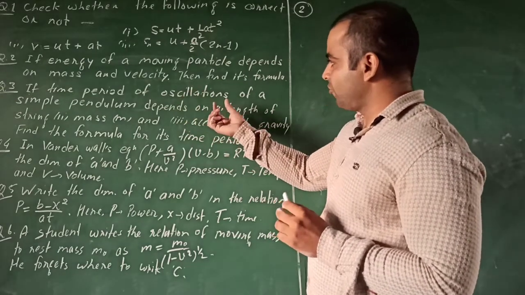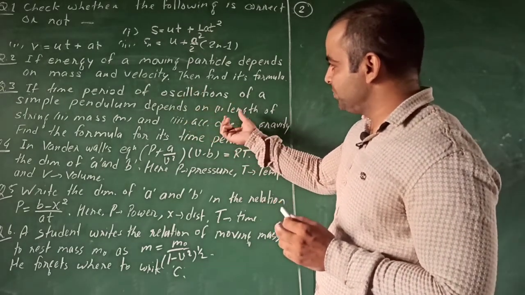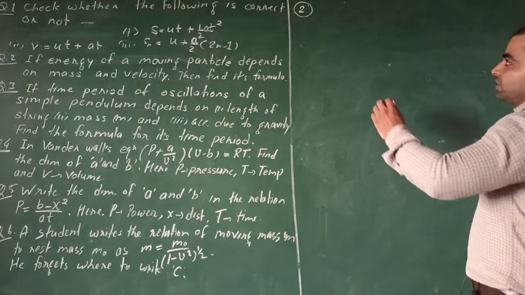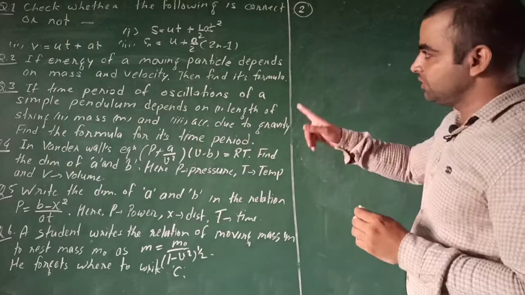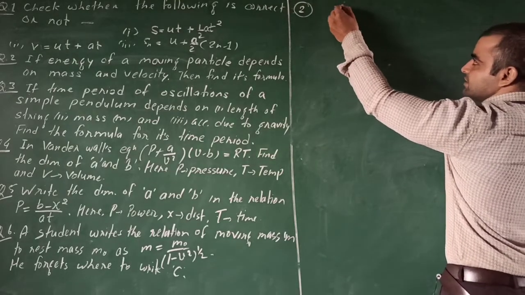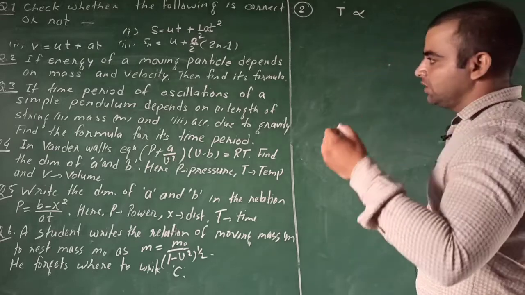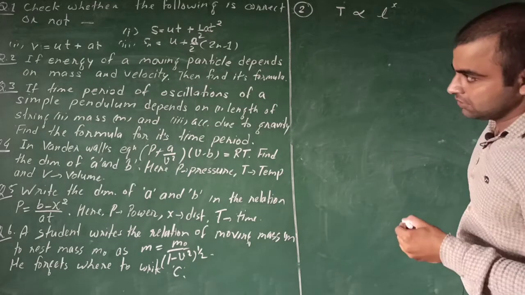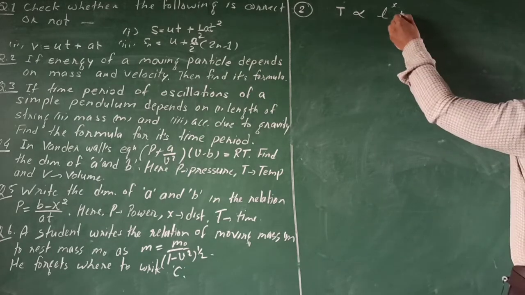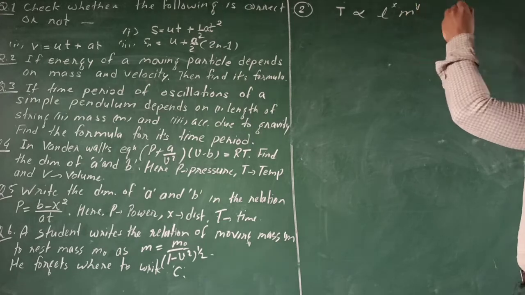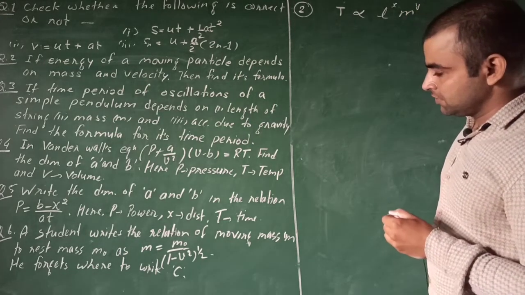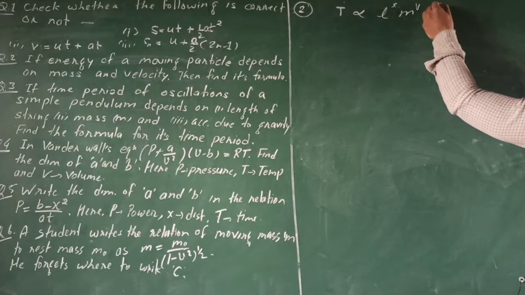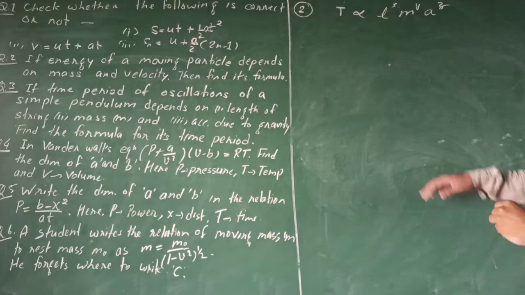If time period of oscillations of a simple pendulum depends on length of the string, mass and acceleration due to gravity. Okay. If the time period depends on length and mass and acceleration due to gravity, it is given.